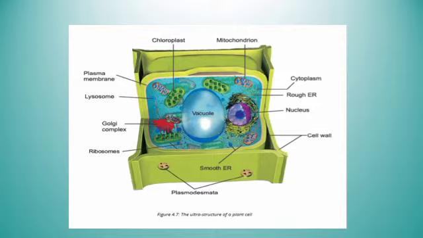In our proceeding lectures, we are going to learn the detail of each and every organelle. So here for your information, you can see that there is a cell wall, plasma membrane, and on the lower side there is plasmodesmata that I am going to explain you in the next slide.